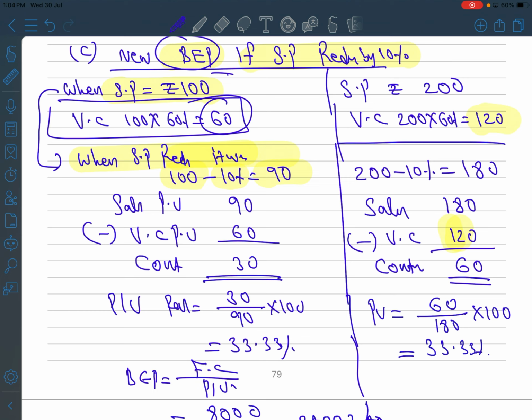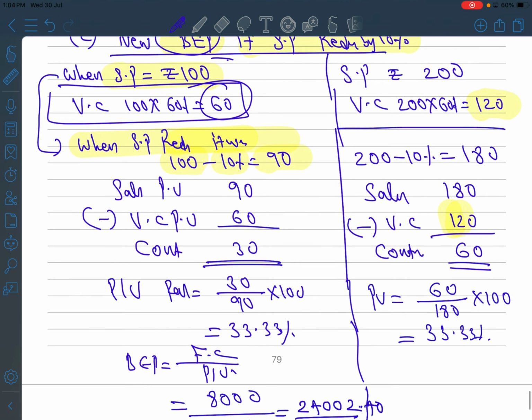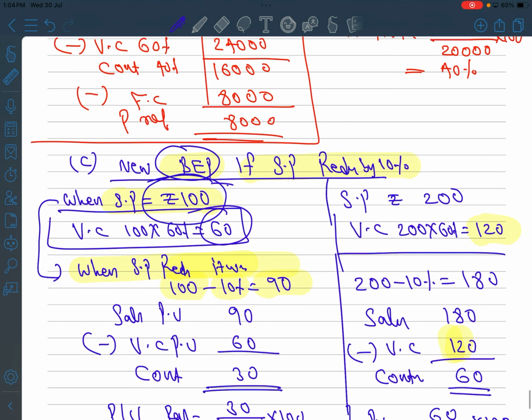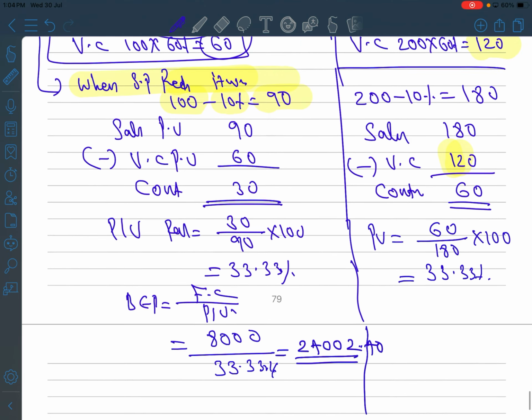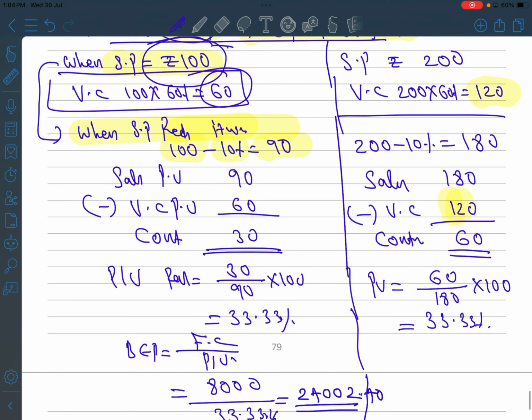Exactly, that's all. Any number you can assume as selling price. But you had better take 100 as a basic price. Okay, that's all about this particular question. You try to do it yourself. If you have any doubt, let me know.